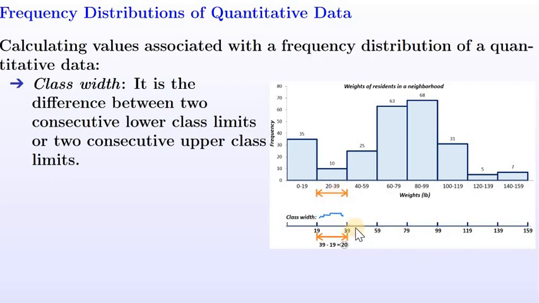Again, 59 minus 39 also gives you 20, so that's the class width. You can calculate class width by taking either two consecutive lower class limits or two consecutive upper class limits. So these are the common terms used in frequency distributions.